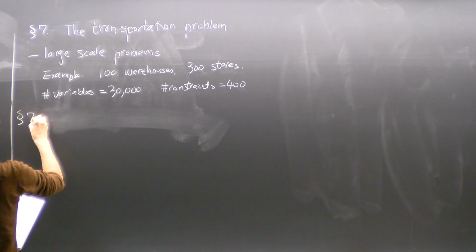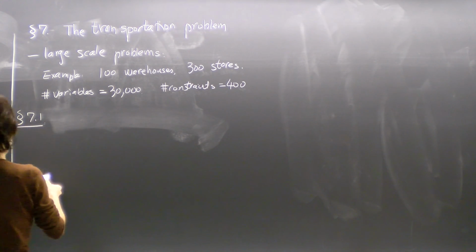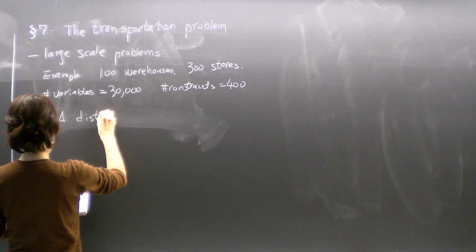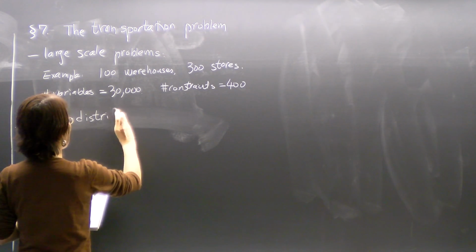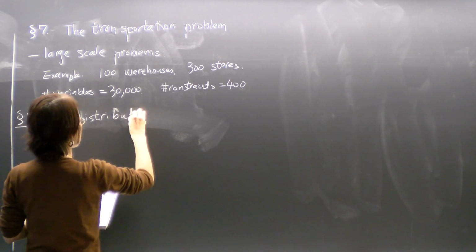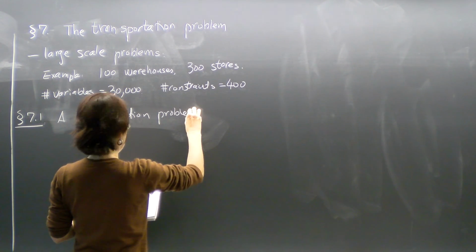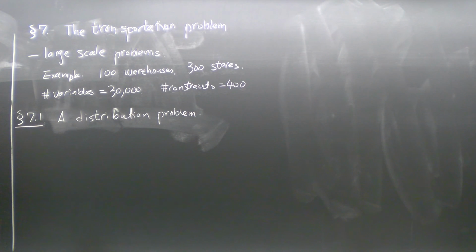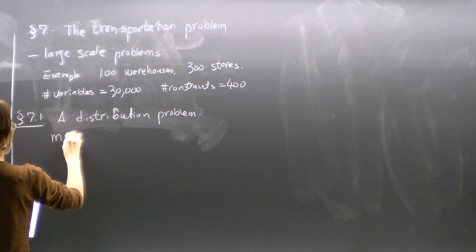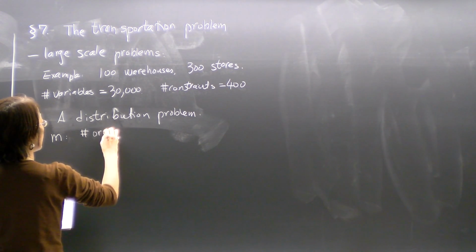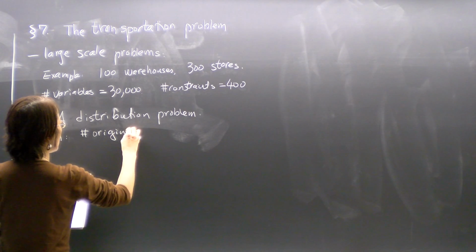So before we get into that, we'll talk about a related problem, a distribution problem. Okay, I'll set it up. Let's set up some numbers. Let's say M will be the number of warehouses. We call these origins.